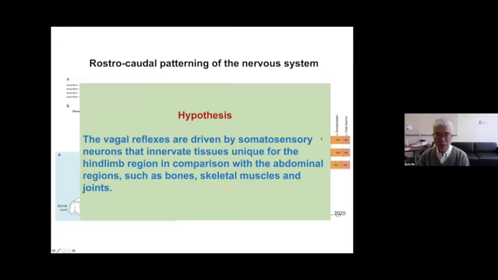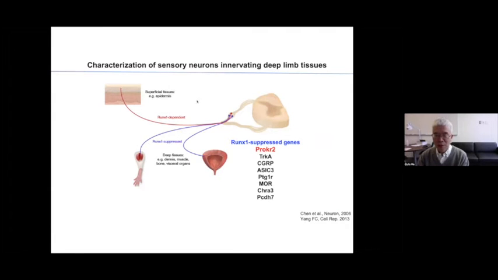So basically, we hypothesized that the vagal reflex must be driven by some sensory neurons that selectively innervate limb tissues, like bone, skeletal muscle, and joint, that are not present in the abdominal region. That's the idea we were looking for. Without going into details, this really comes from our developmental biology background.